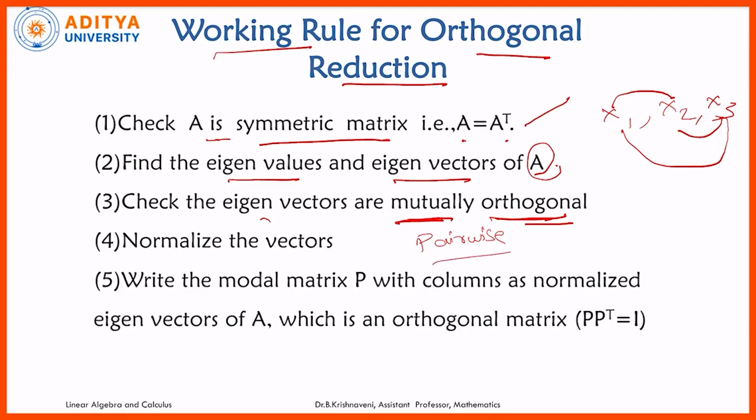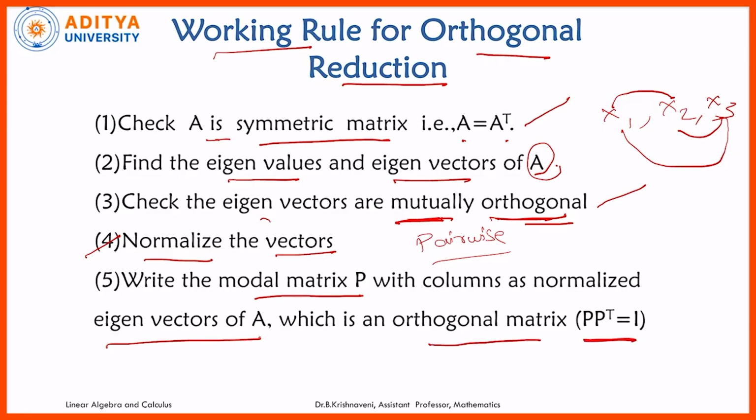Once all the eigenvectors are mutually orthogonal, we find the normalized vector of each vector. That means the next step is to normalize the vectors. Next, write the modal matrix P with the columns as normalized eigenvectors of A, which is an orthogonal matrix.